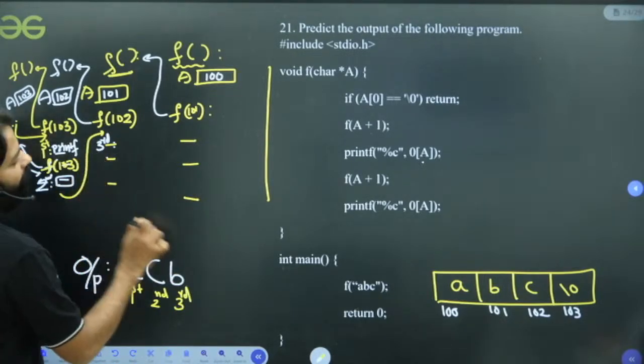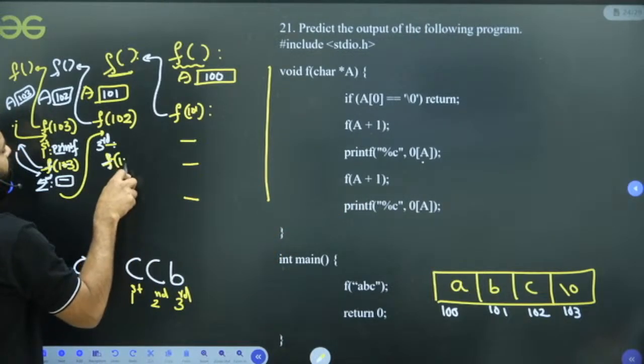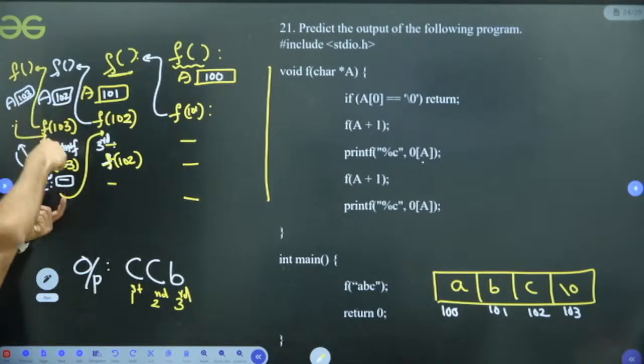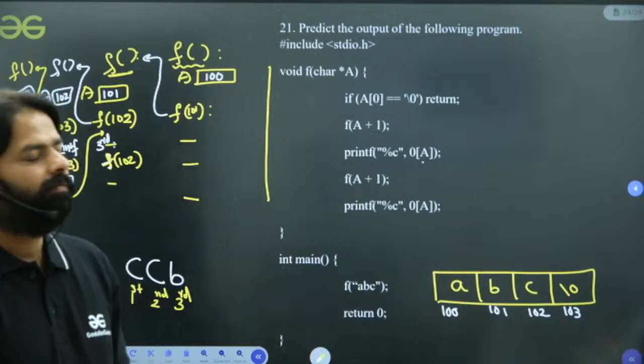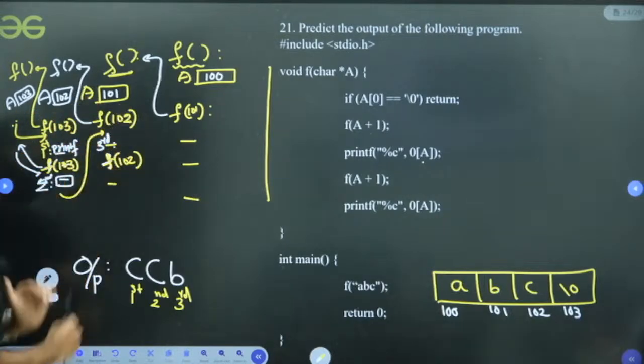And here, what function is there? F of 102. Remember? F of 102. When you call this, it printed 2 C's. When you call this, will it print 2 C's again or not? This F of 102 went here, and you have seen it, C printed. The same job, is it repeated here or not?